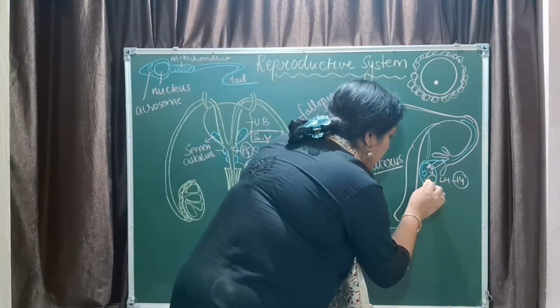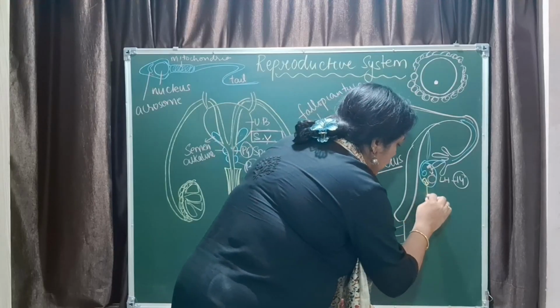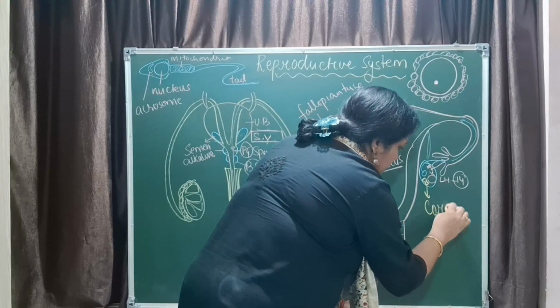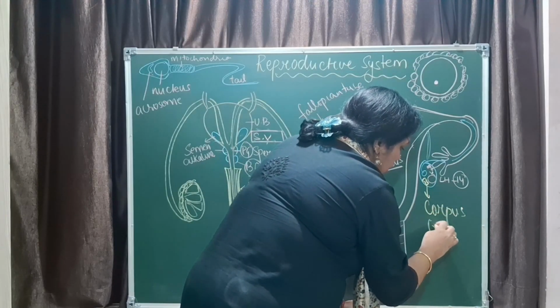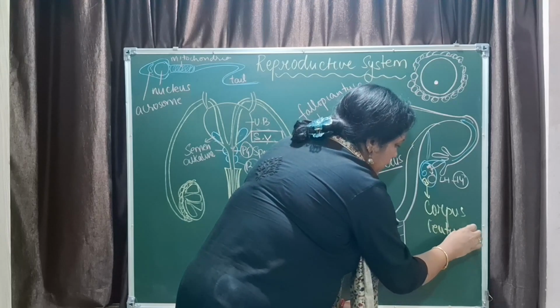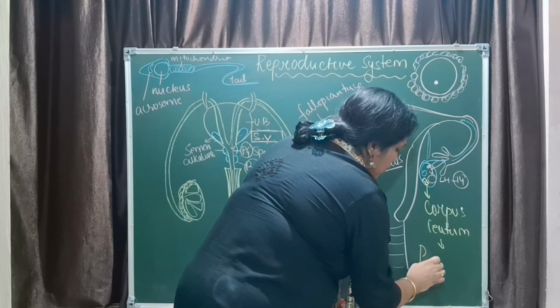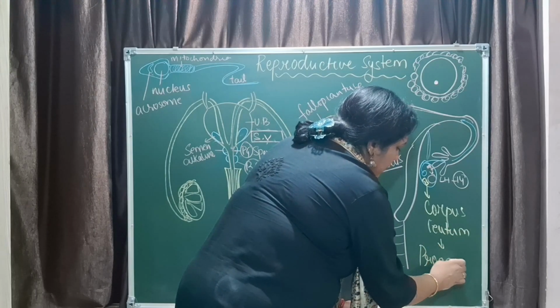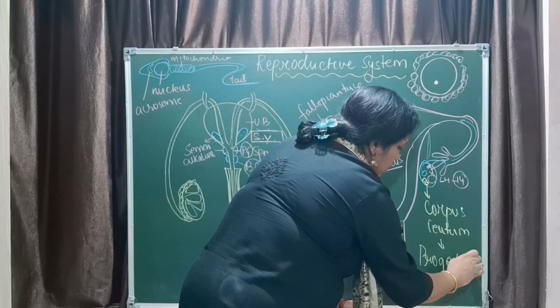After that, the Graafian follicle changes into a yellow mass, which is called corpus luteum. Corpus luteum helps in the release of a hormone called progesterone, which is also called the pregnancy hormone.